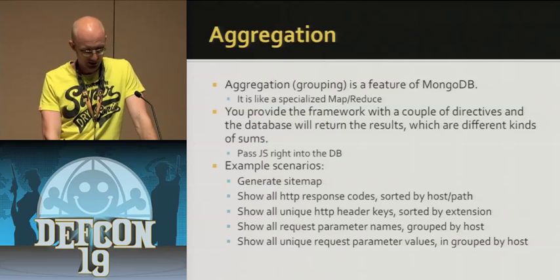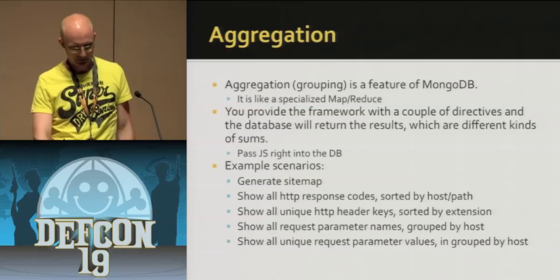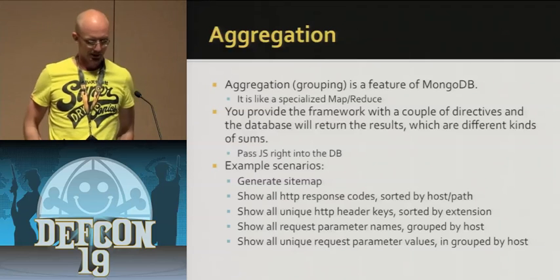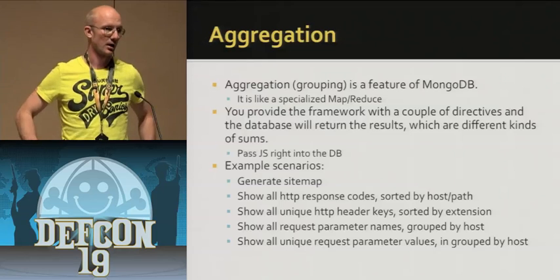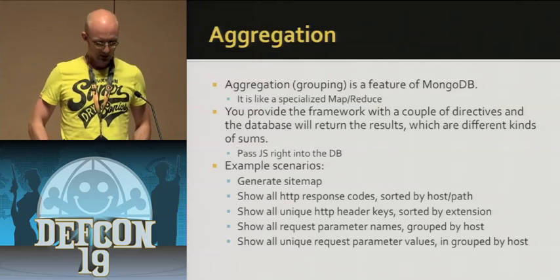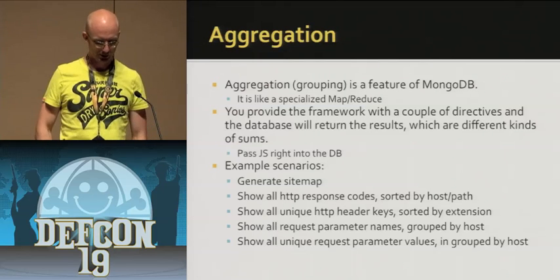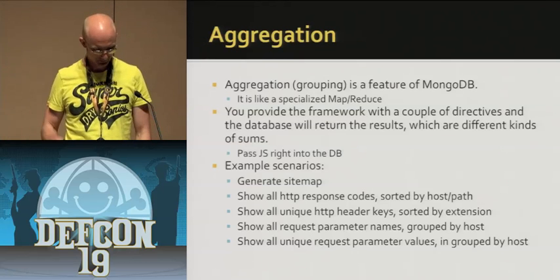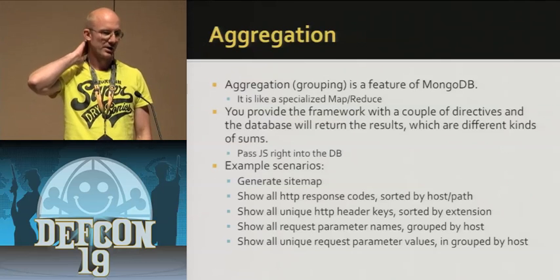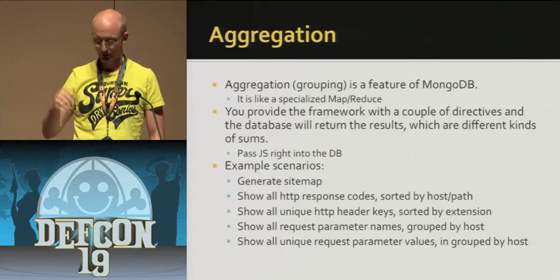Another Data Fiddler application is the aggregator. So if the table view is a way of representing data in a one-to-one format, the aggregator instead walks through the data on the database side and collects the interesting pieces which are sorted by a specified key. This is a feature of MongoDB. It's very similar to MapReduce, if any of you are familiar with that.